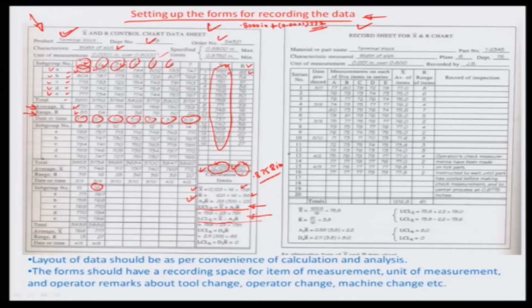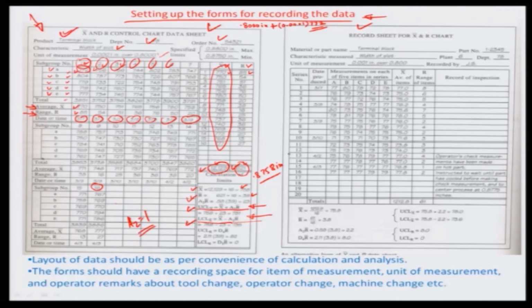It is very clear from these expressions that the UCLX bar and the LCLX bar come out corresponding to a subgroup size of 5. The A2 value is actually 1, okay, and that is given in the Shewhart's table. I am going to share that table later on.